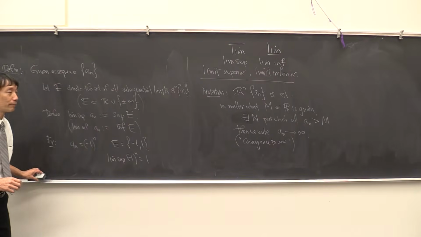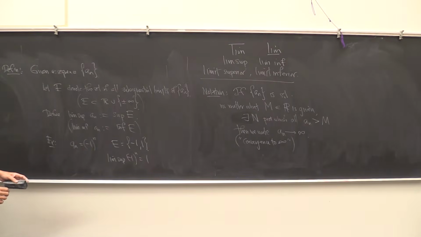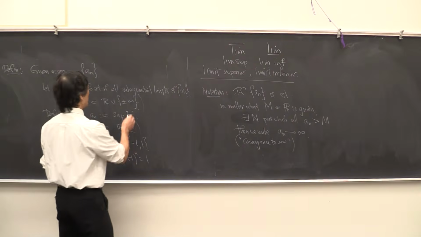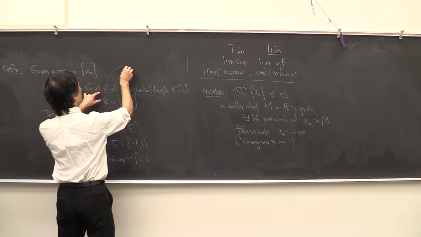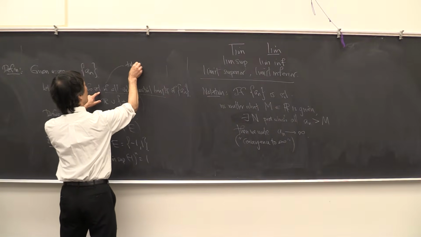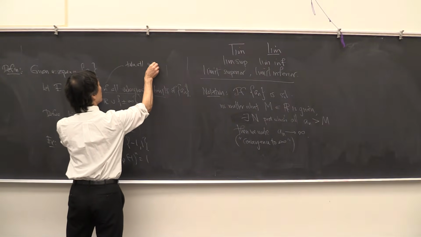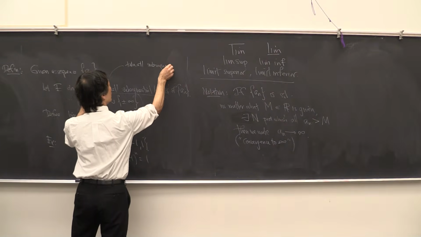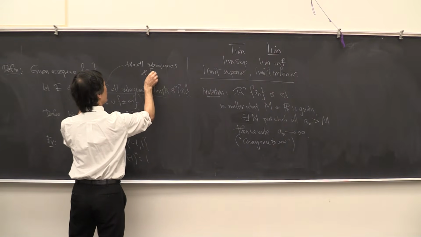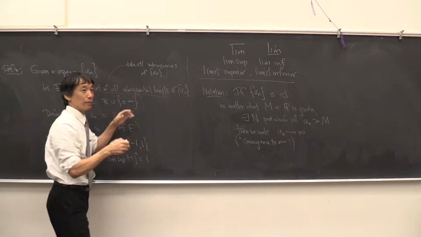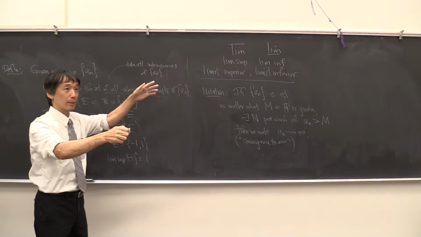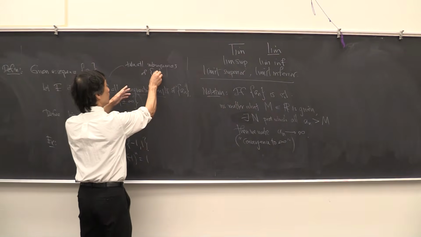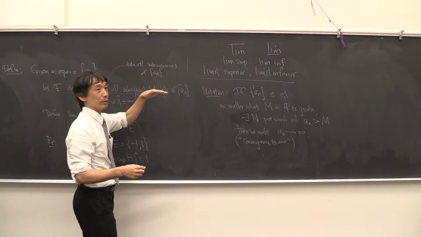Yes, what's the subsequential limit? So the limit of subsequences. Basically you take all subsequences of that one sequence. You've got your one sequence, and then you take all possible subsequences, and then you look at all the limits of those subsequences.